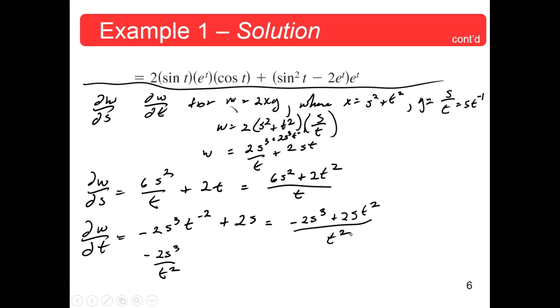So that's written on least common denominators. I think that's how they have it in the book as well. 6s squared plus 2t squared over t, and then the partial of w with respect to t would be, well, they reverse the order, 2st squared minus 2s cubed over t squared.